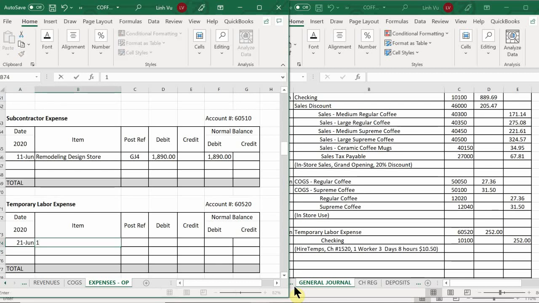One worker, 8 hours, 10.50, 3 days a week. General journal number 9 for $252.